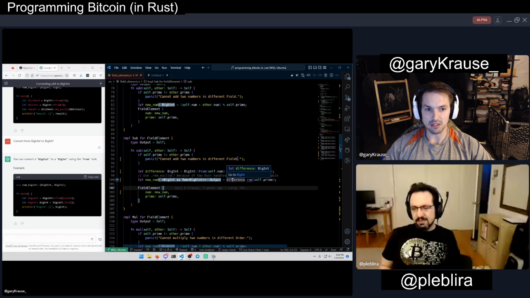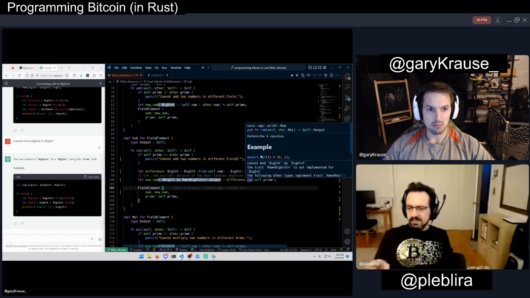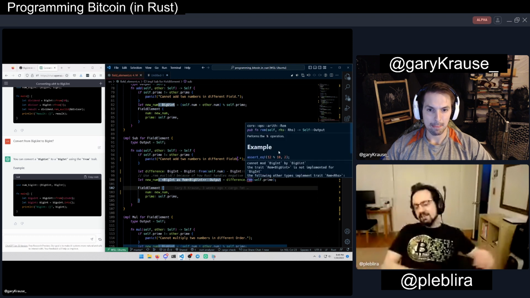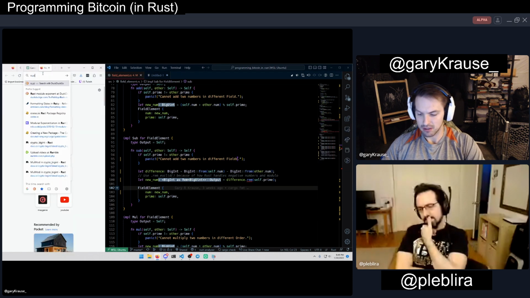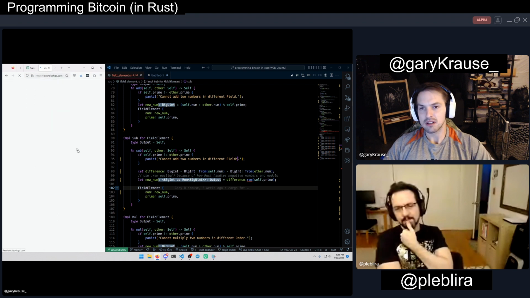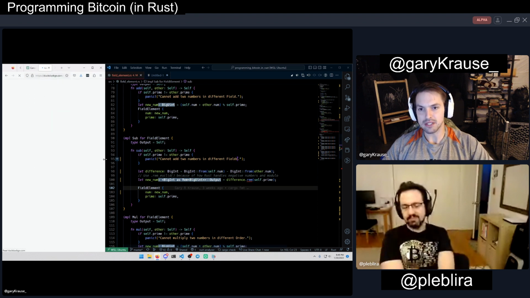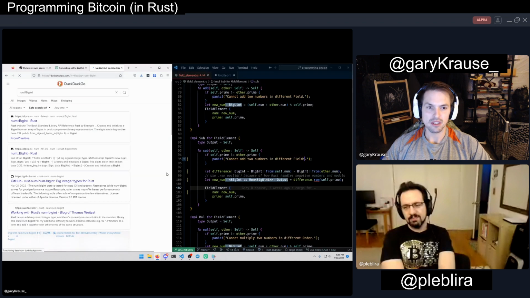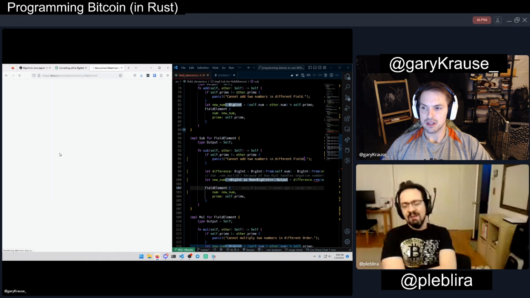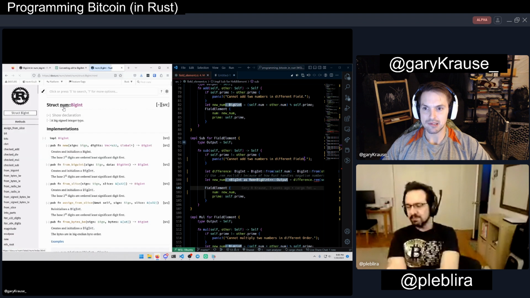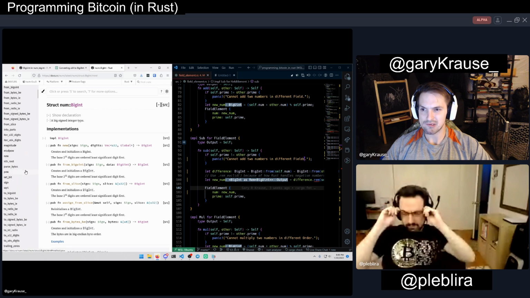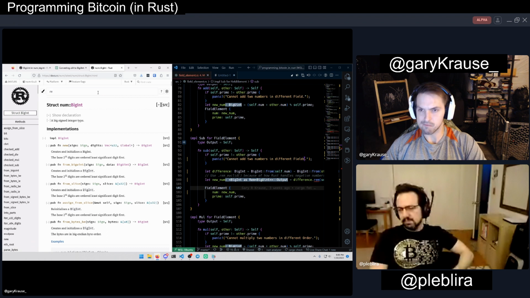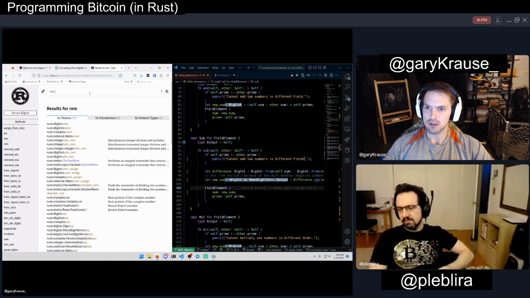So difference is a BigInt. Yeah, the new number, difference, is a BigInt. Okay. So I think we are going to have to check the BigInt crate documents to see that remainder function. BigInt remainder.